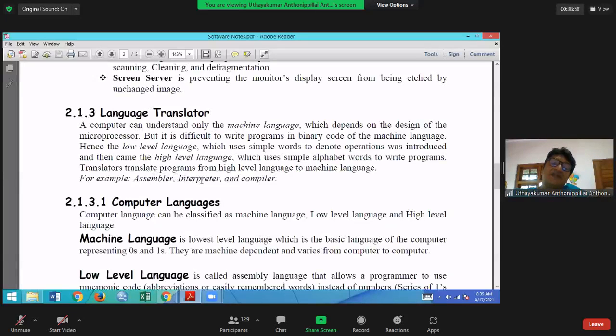Translators translate programs from high-level language to machine language. Normally we have a problem writing down code or instructions, so everything is written in a high-level language. The high-level language can be converted into low-level language. Low-level language means assembly.